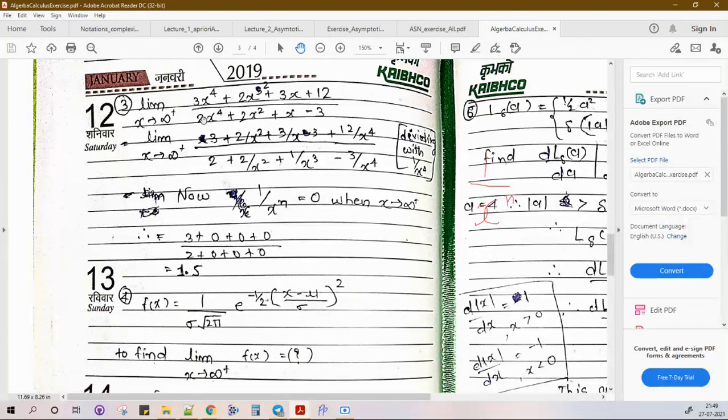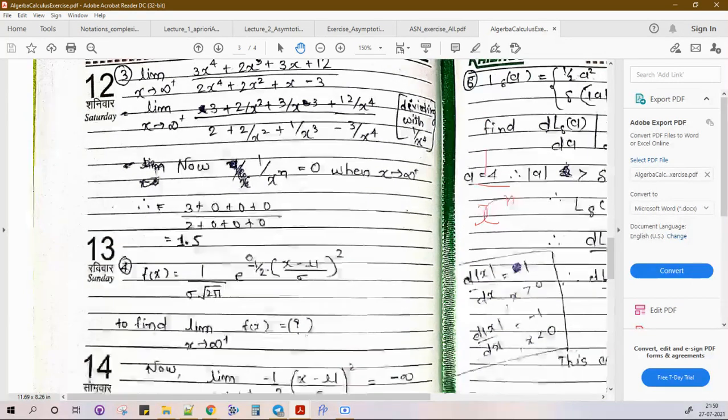Similarly, I will have only 2 in the denominator. Now when x tends to infinity, these terms would be 0. 2 divided by x squared would be 0, 12 divided by x to the power 4 would be 0. Anything like 1 upon x to the power n would be 0. So all these three terms would be 0, and what is left is nothing but 3 divided by 2. So the answer is 1.5. Correct?